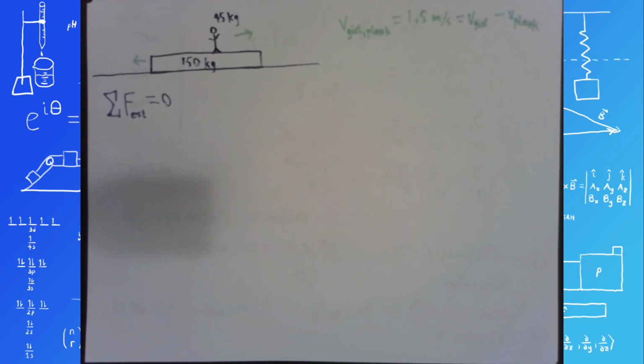Those are vertical forces, which definitely cancel out because common sense would suggest that the plank and the girl do not accelerate up or down. The only remaining force is the force of friction, which is an internal force because that's a force that the two objects in question exert on each other.